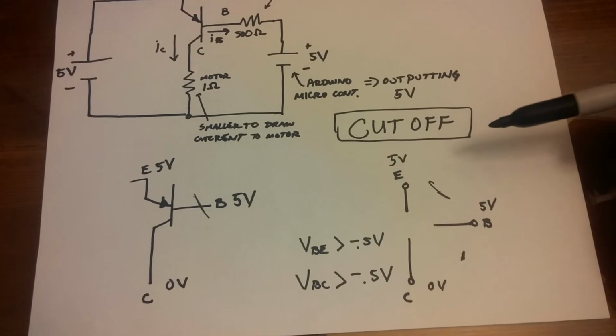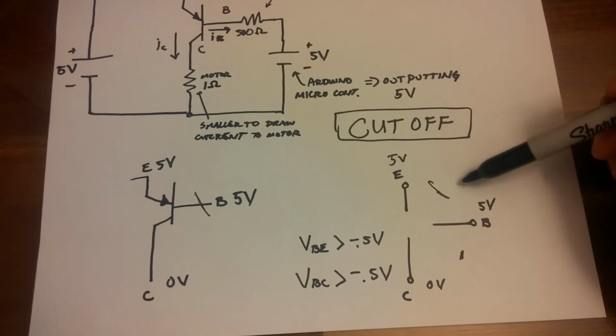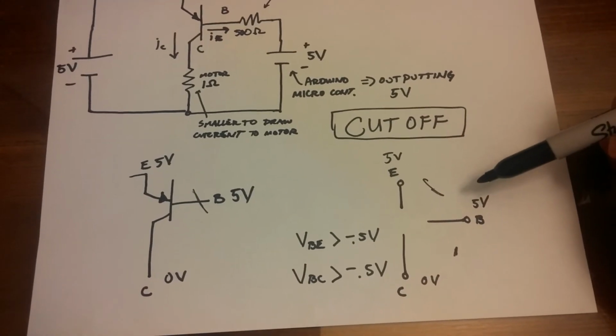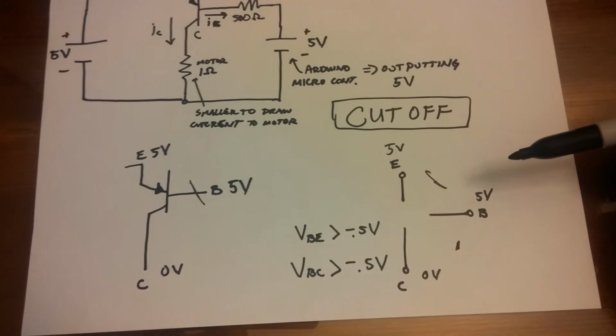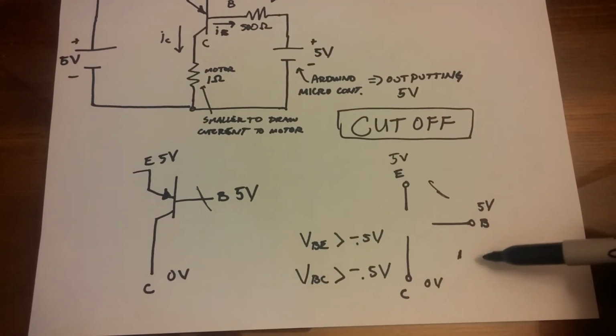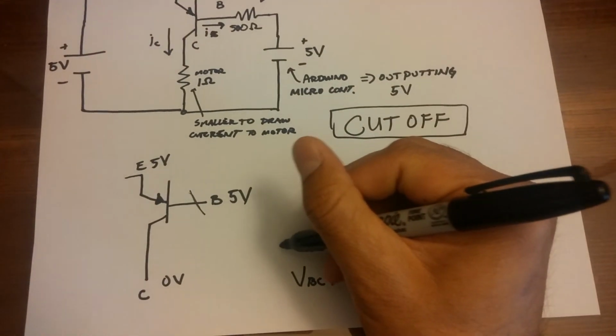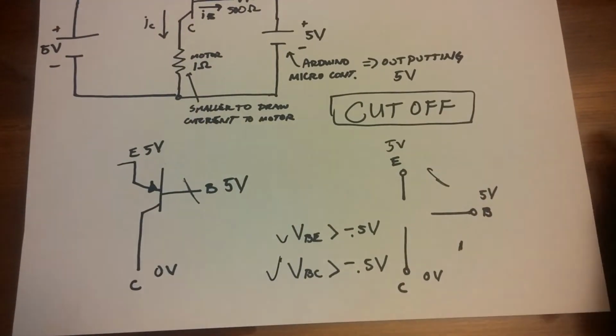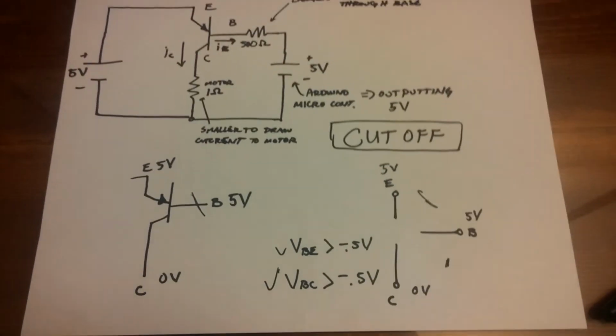And we can see here that the difference between 5 volts and 5 volts, that potential is 0, which is greater than a negative number. And then we also have a 5-volt difference here. So both of these check out and determine that it's in cutoff.